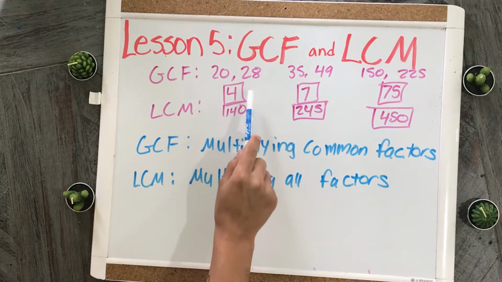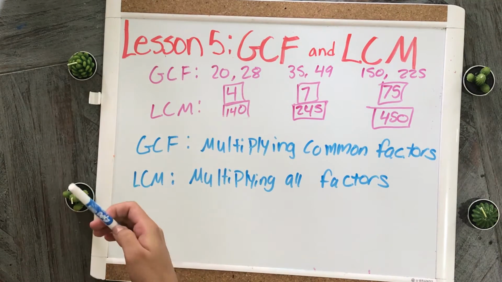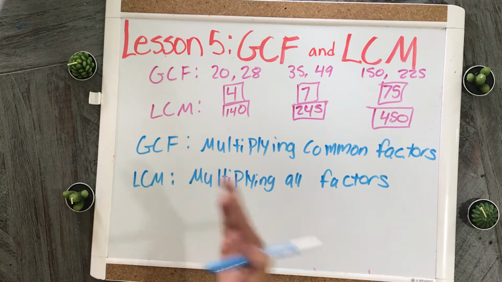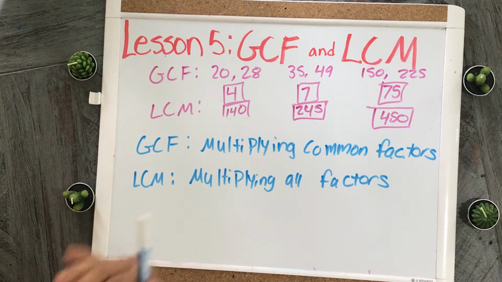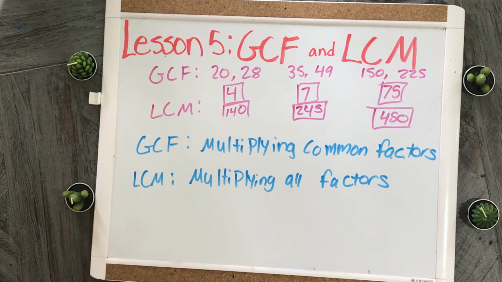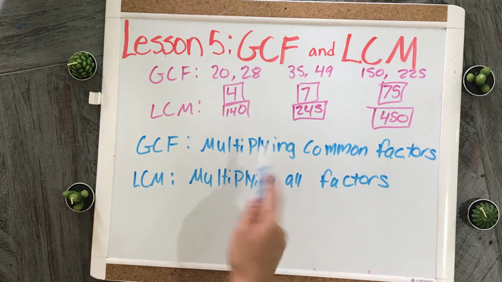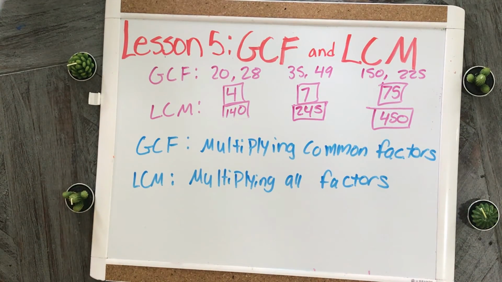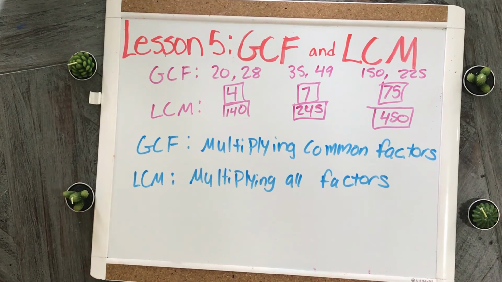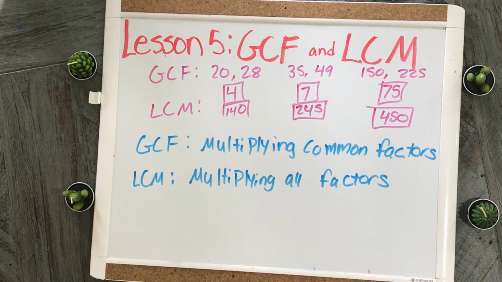That kind of explains why we got a smaller number, and why we got the least common multiple as a larger number: it's a multiple, we multiply. When we use that factor tree and get down to those prime numbers, for GCF we are multiplying the common factors, and for LCM we are multiplying all the factors, all those prime factors with the prime factorization method, and that's how that comes full circle.